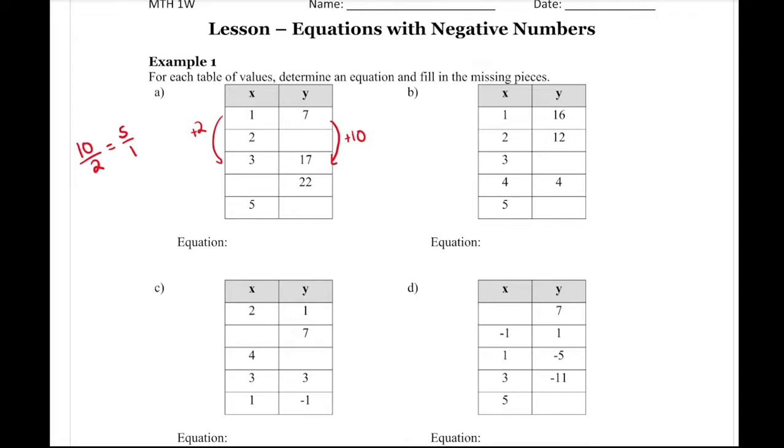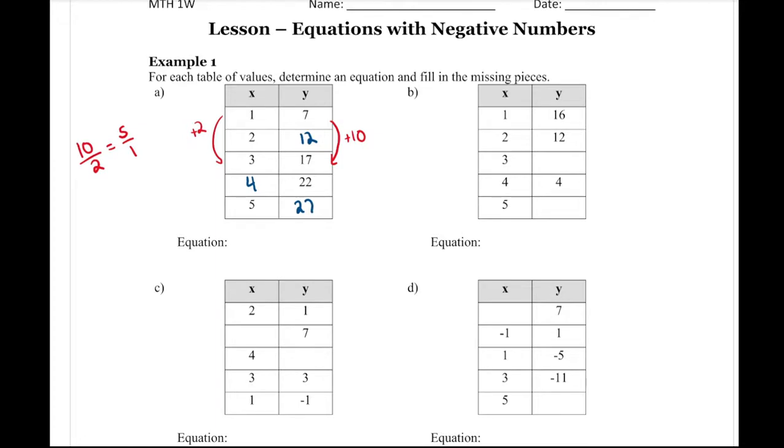From 7 plus 5, that gives me 12. 12 plus 5 gives me 17, so that fits my pattern. 17 plus 5 is 22, so that means this number is in fact 4. And then 22 plus 5 is 27. So that's our last missing number there.